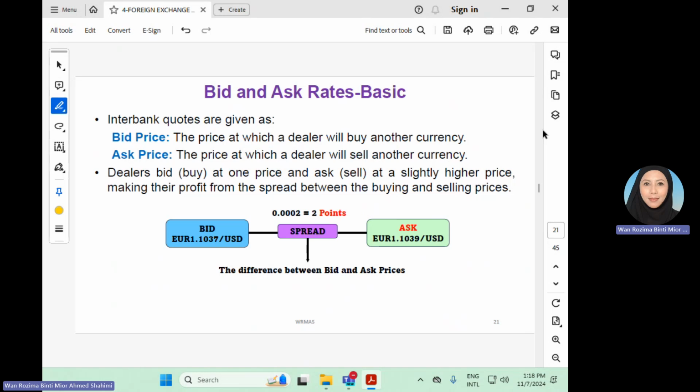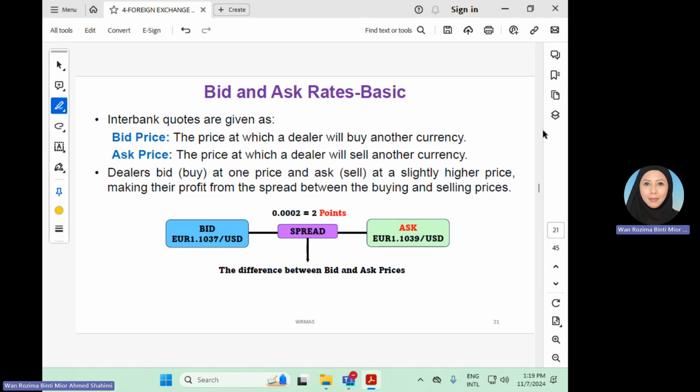All right. Next, bid is always smaller than ask. So you can see here 1.1037 per USD, and 1.1039, slightly higher. The difference is 0.0002, which we call equivalent to 2 points.